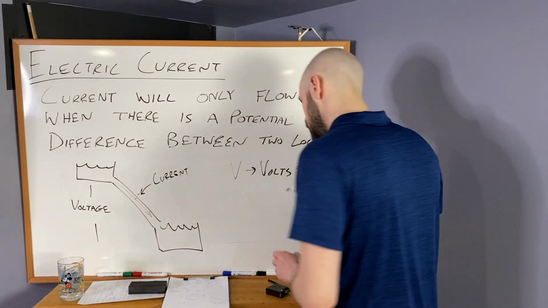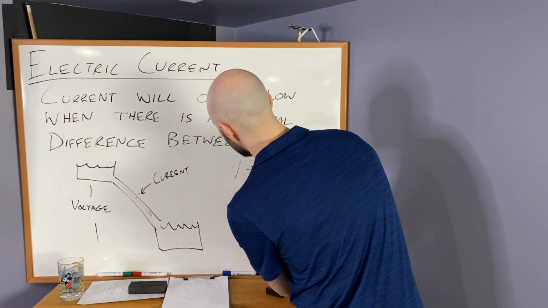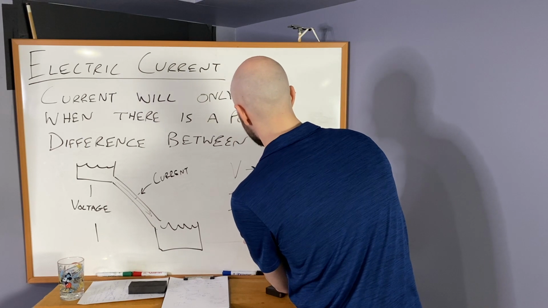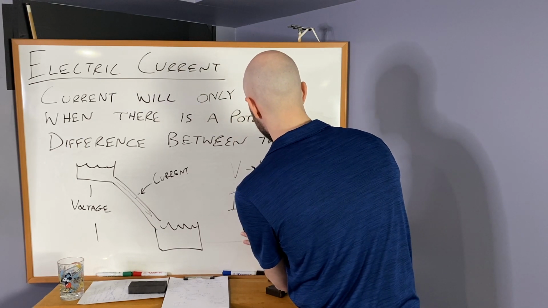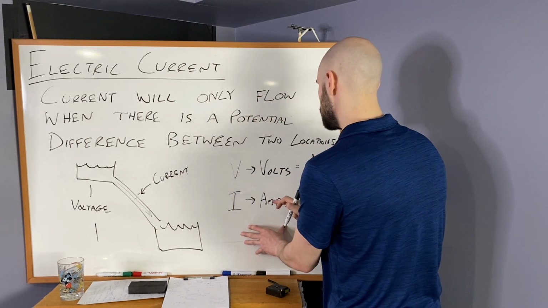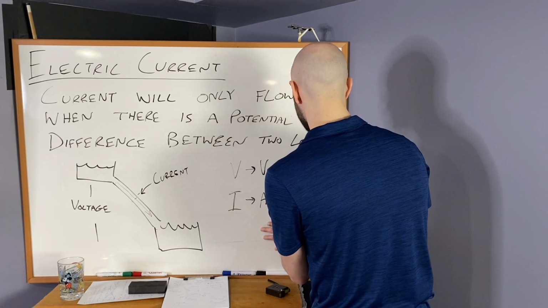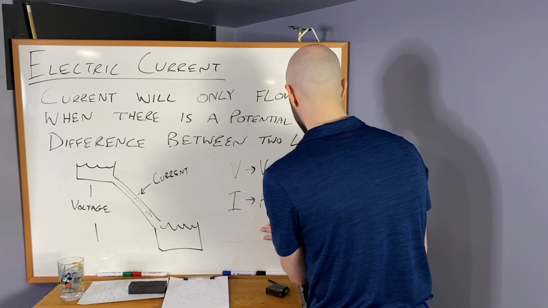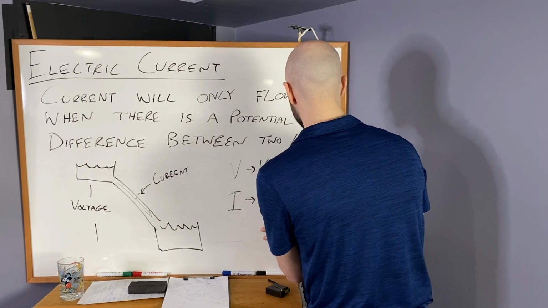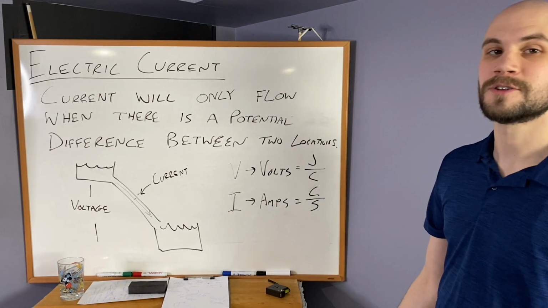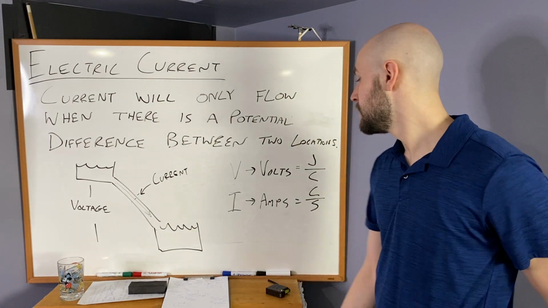But when it comes to current, I, that's measured in amps. Technically amperes, but we often denote it as amps. And that is coulombs per second. So current is quite literally the amount of charge passing.